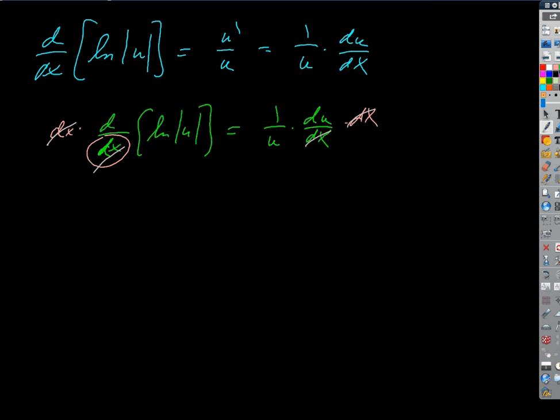And so we end up with the derivative of log, equals, over here I just get du over u. So it's in differential form, right? Not differentiating with respect to anything.